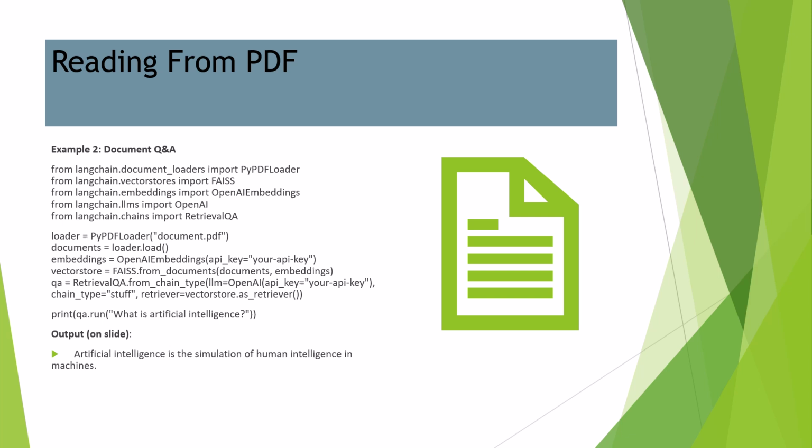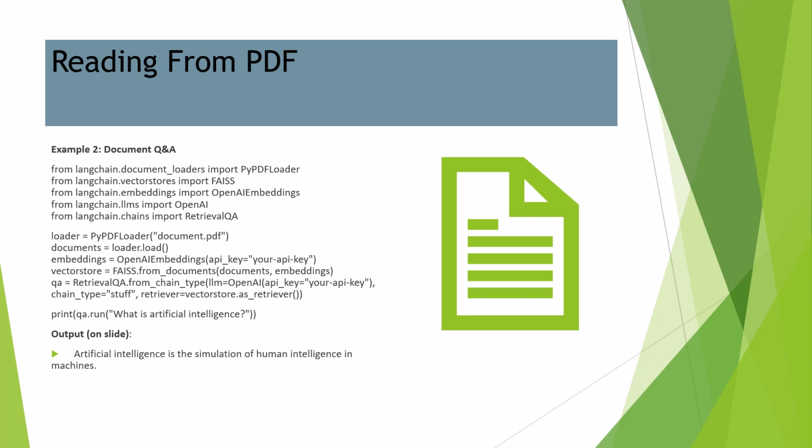You need to import some libraries: first is a PDF library, second is FAISS, third is OpenAI embeddings, fourth is to talk to LLMs, import OpenAI, and last is RetrievalQA, because you are giving a question as an input and you need an answer. These libraries are very important to bring into the script so you can answer it.